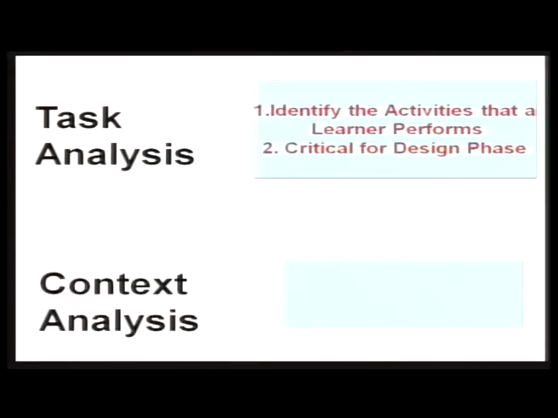The next subcategory or phase is the context analysis. Under context analysis, you have to examine the conditions. Very important here is your learning environment. Just think of a situation in a school where the building or the furniture or the learning room has no light, no electricity.